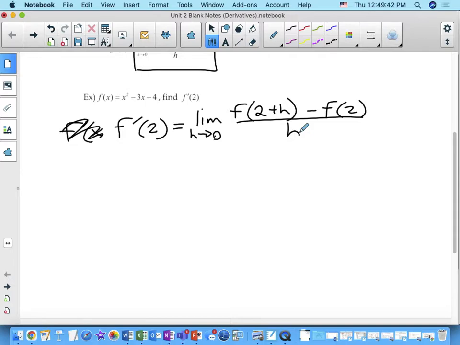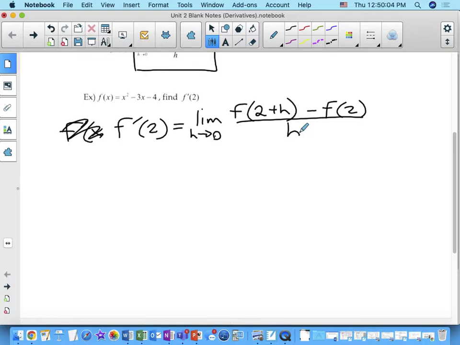Previously we just called this the slope at point 2. This is now called the derivative of the function f of x where x equals 2. We are renaming the slope of the tangent as the derivative of the function.